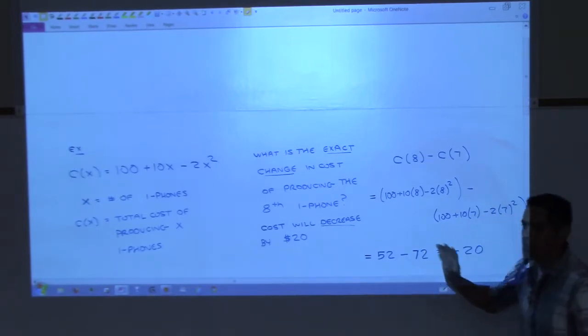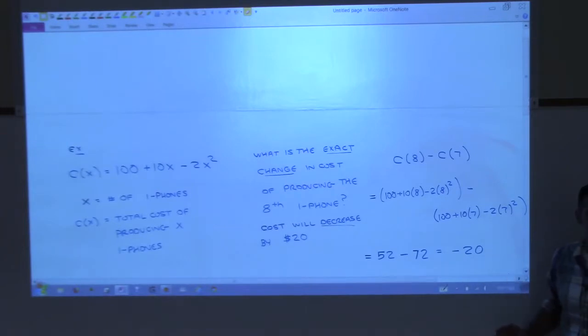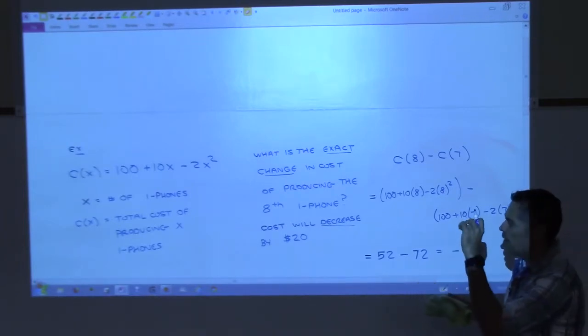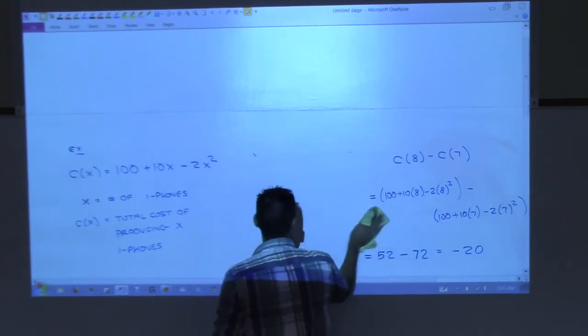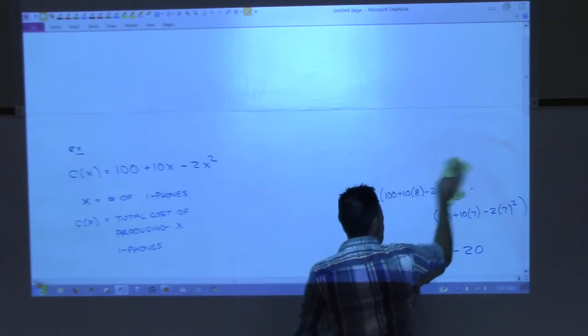So now let me give you a more general formula. This is if I wanted the exact change in cost of producing the 8th one. But what about this?